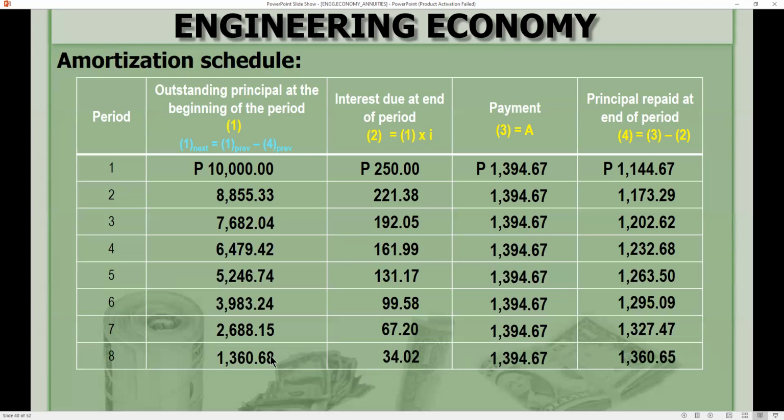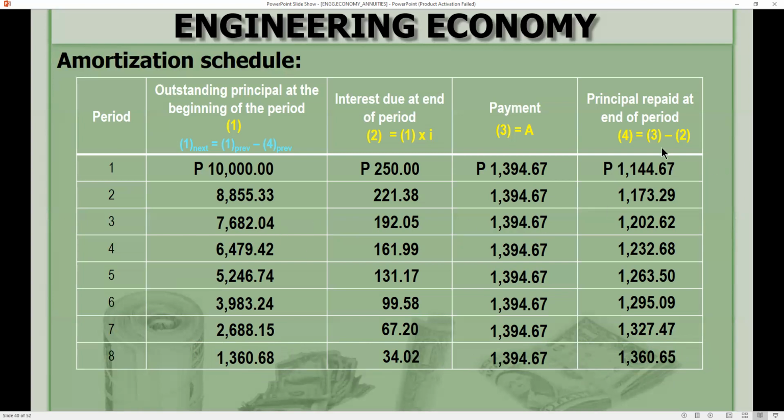So, meaning, in the 8th period, this is the outstanding balance. At the start of the 8th period, this is the outstanding principal. And then, on the 8th period, this is your repayment. Therefore, you have paid it off. Okay? So, your debt is fully paid.